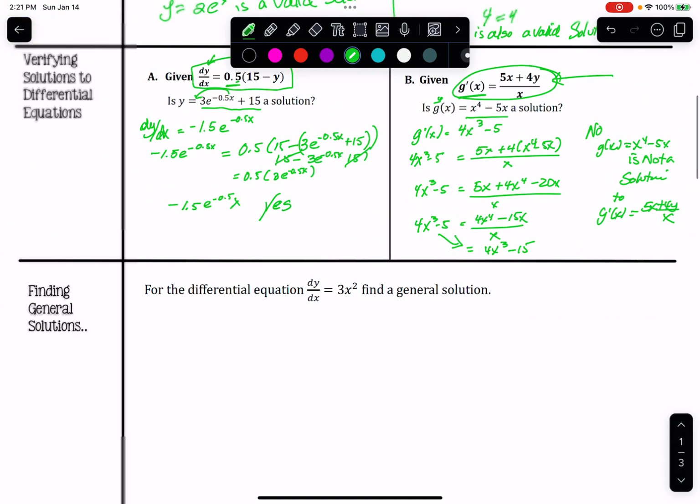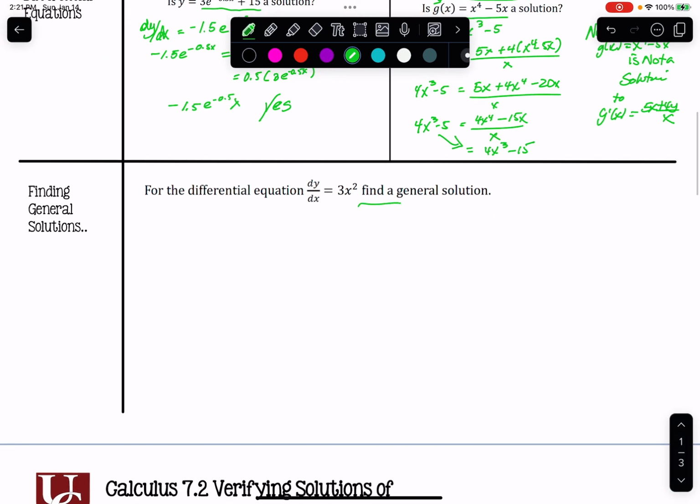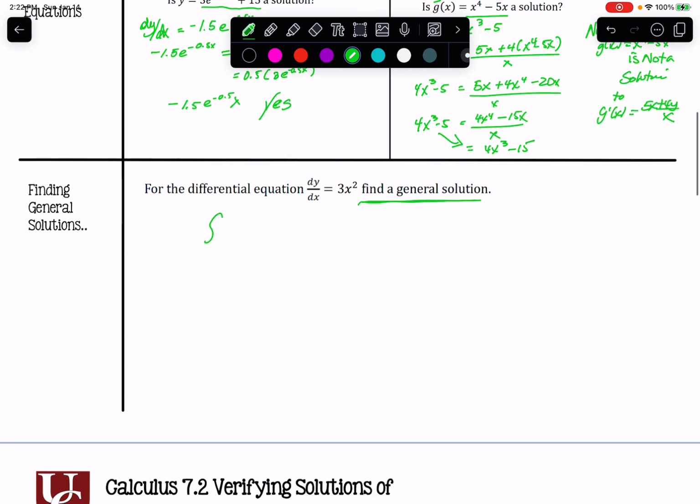Okay, and lastly on this page, find a general solution. Okay, so in this case, they just want us to have the c. And so this is our first time kind of solving, find a general solution for this differential equation. And what you learn to do is, if you take the derivative of dy dx, you get y, right?